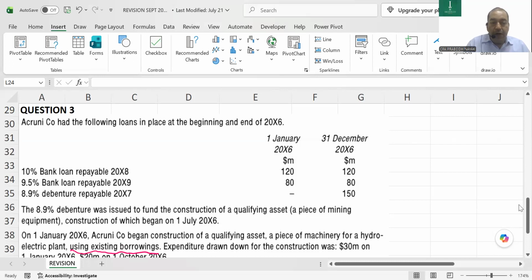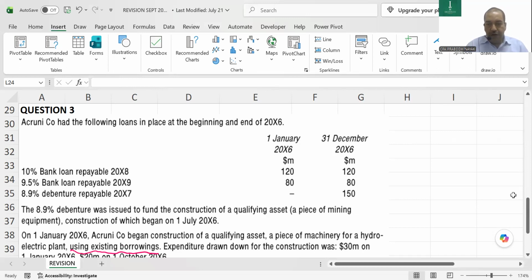Then 8.9% debenture repayable in 20x7. That is taken on, I think, 31st December 20x6, because as on the opening date it was not. The 8.9% debentures was issued to fund the construction of a qualifying asset, that is a piece of mining equipment, construction of which began on 1st July 20x6.